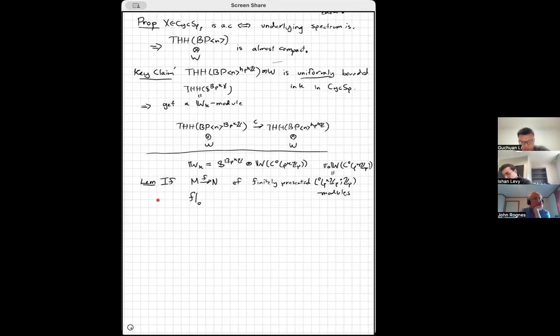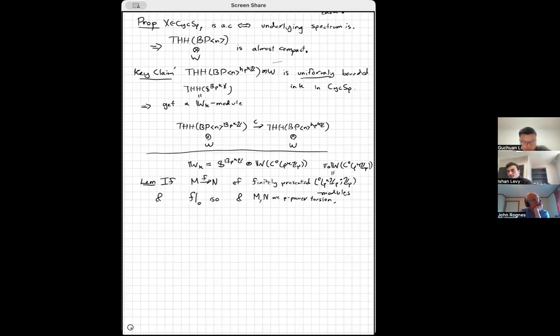Let's assume that f restricted to 0 is an isomorphism, and that M and N are p-power torsion, so they're rationally trivial.